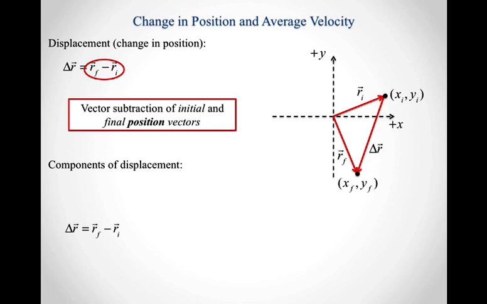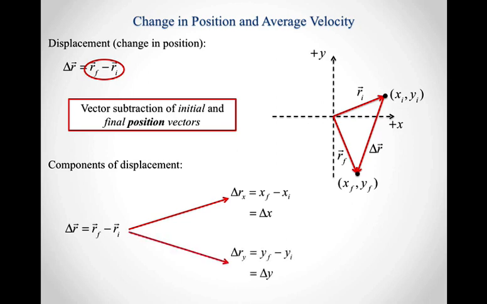To find the components of that vector, well, if we have a 2-dimensional problem like this, then we're going to need to break up that problem into 2 component equations. So there'll be one for the x components, where we find that the change in the x component of the position, which we'll also call delta x, is just going to be equal to x final minus x initial.